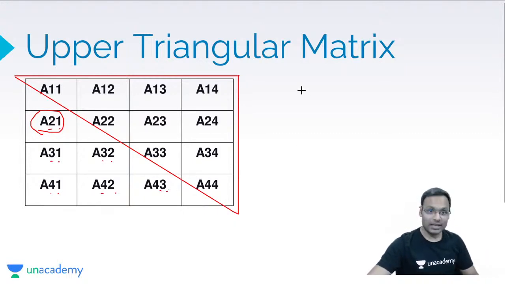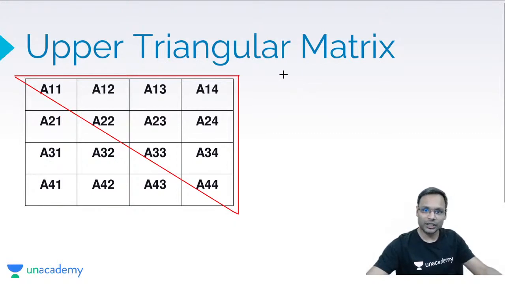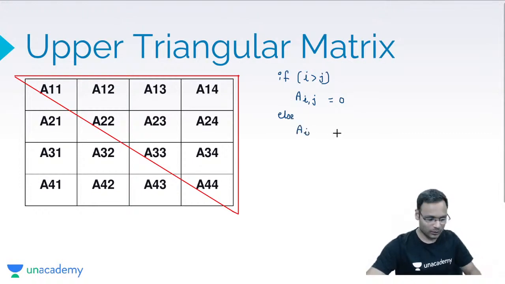Simple. Yes, right? So what am I saying is this: I will write a simple condition. If I is greater than j, for that particular case, a of I comma j is equal to 0, else a of ij is equal to non-zero.